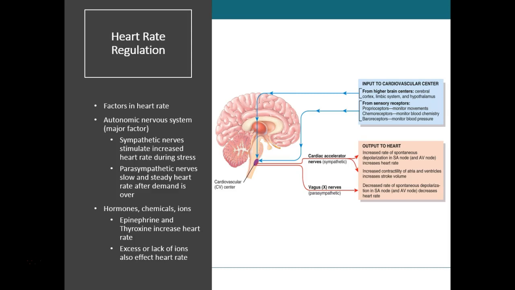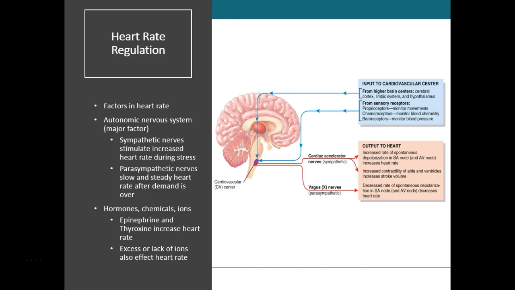There are also some hormones, such as epinephrine and norepinephrine from the adrenal medulla, that enhance the pumping of the heart by increasing it. So these hormones affect cardiac muscle cells pretty much like the epinephrine released from the nervous system as a neurotransmitter. So they increase heart rate and contractility.